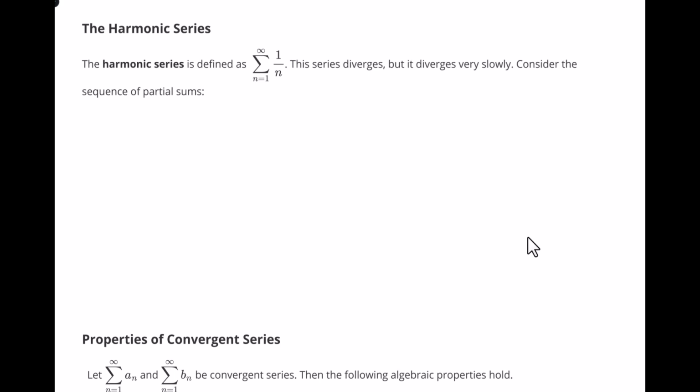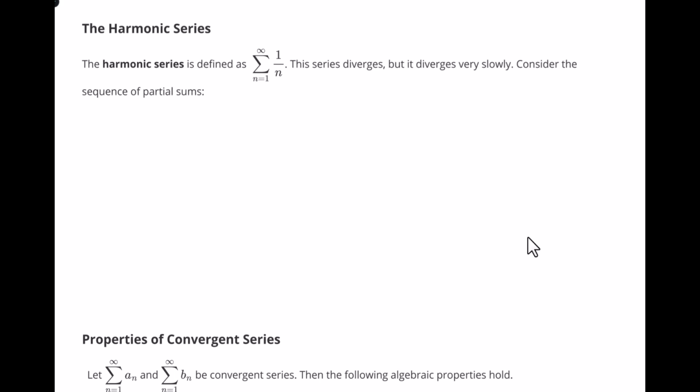So it's not the sum of the first n integers, but it's the sum of 1 over each integer. I want to prove that it diverges. It was long suspected that it diverged, but it took a while to come up with a proof of that.